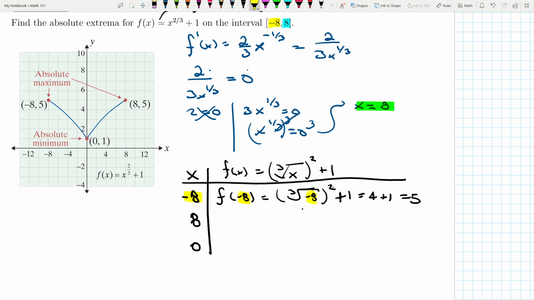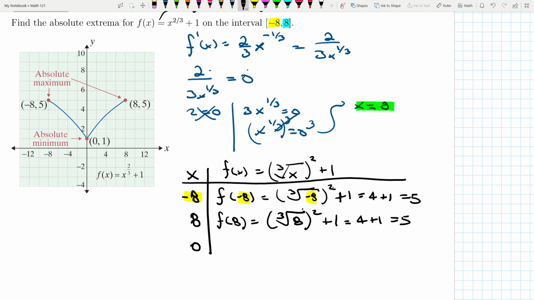Let's do the next one, f of 8: the cube root of 8, squared, plus 1. The cube root of 8 is 2, and 2 squared equals 4, plus 1 equals 5.